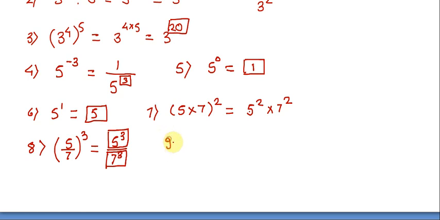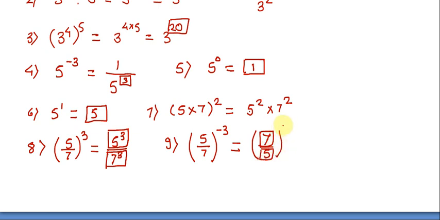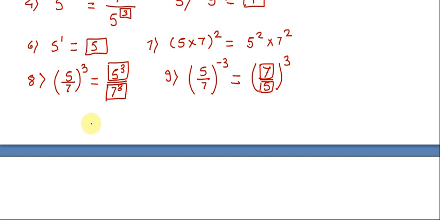And the last, ninth problem is 5 by 7, a rational number, and the index is negative. We can invert the rational number, 7 by 5, raised to the power, now we change the sign of the index, that is plus 3. In this way we have revised last year's laws of indices.